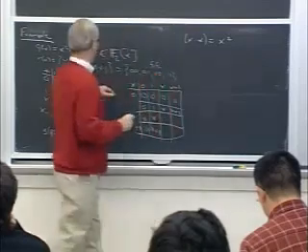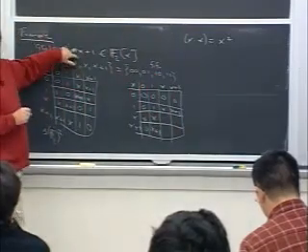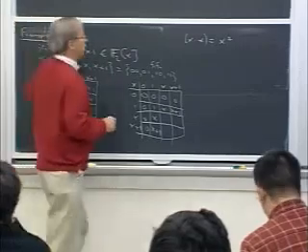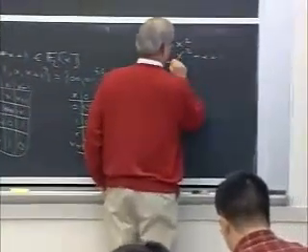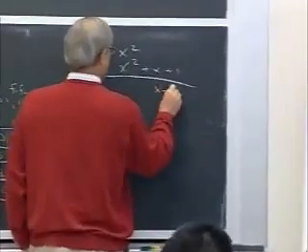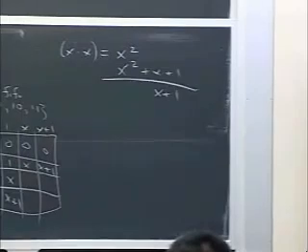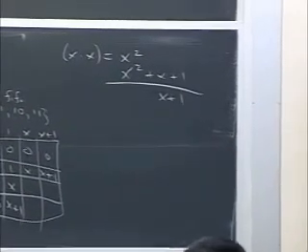But then we have to do x squared modulo g of x, x squared plus x plus 1. So we have to go through a little long division process. We have to subtract this out from that, and that gives us x plus 1.